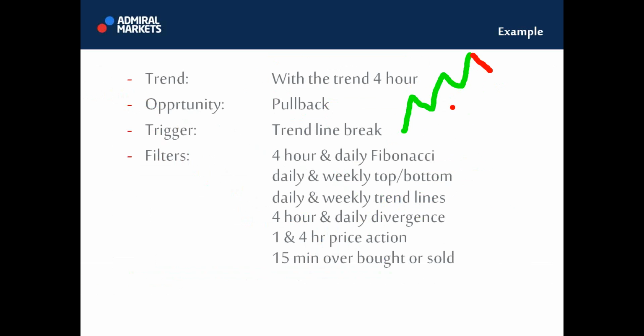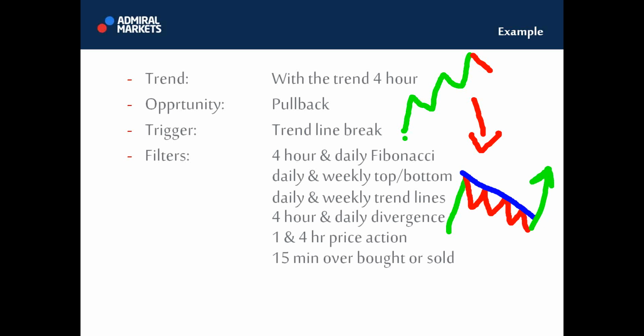So let's zoom in to the red part. This is the pullback, which is the opportunity. We can put a trend line connecting the tops because we're in an uptrend. And what we're looking for is the trend line break here, for the upside continuation of this uptrend.